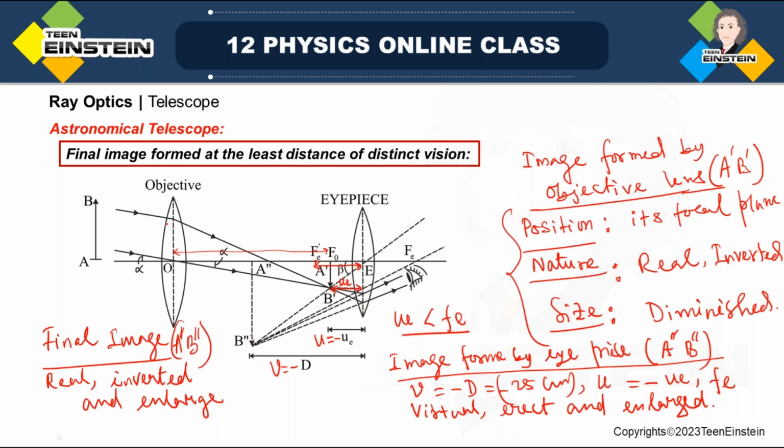See, the image formed by the objective will act as the object for the eyepiece, and then the eyepiece will form the final image. So the image of the original object will be acting as the object for the eyepiece, and the eyepiece will form the final image, that is a real enlarged and inverted image of this object.